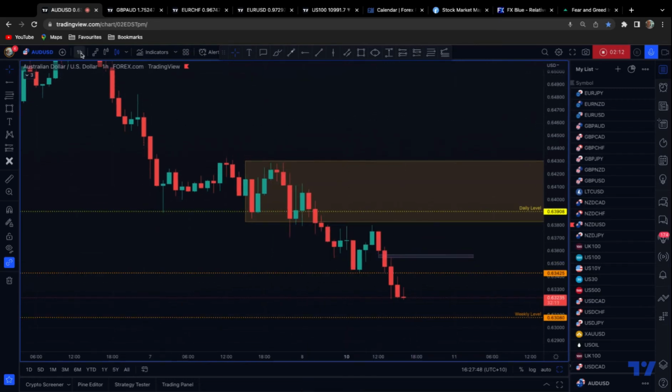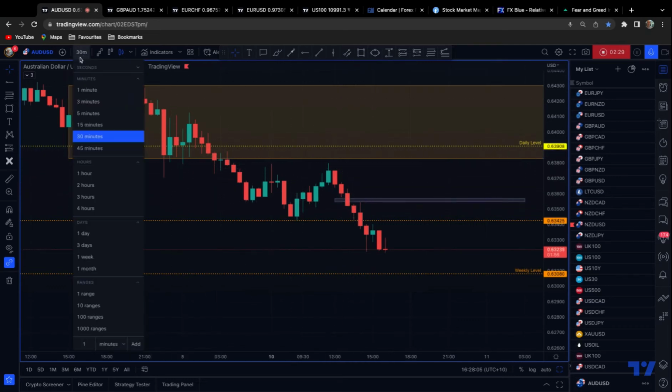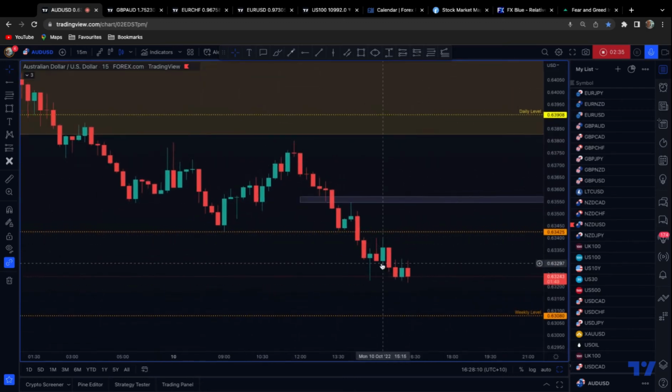Go down to the 30 and just see what it looks like on the 30-minute time frame. So it's the same thing. We've just got this slight gap here. It's really not significant at all. And we'll go down to 15 minutes to see what it looks like. I don't want to be chasing price, and I'm looking for the opportunity. So we've got a 15-minute gap here.